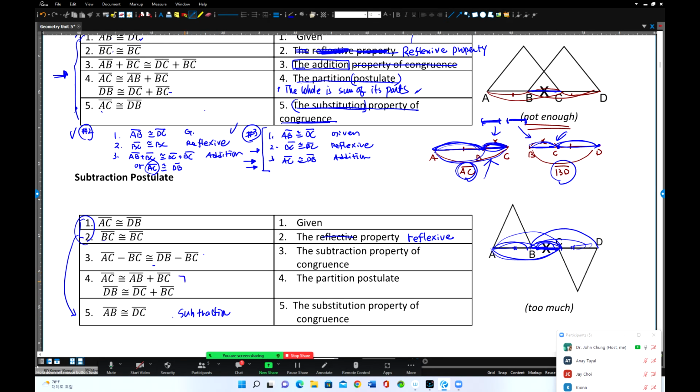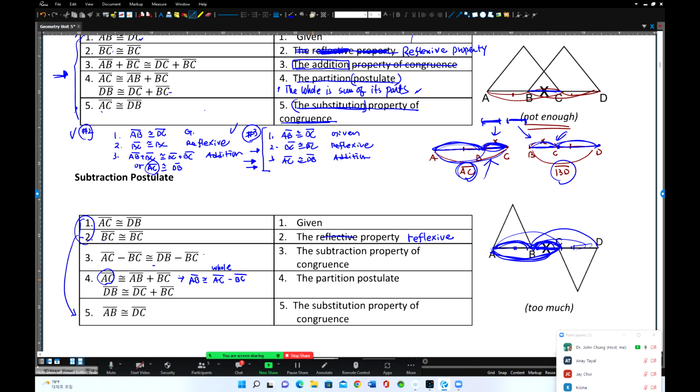Because this is the partition postulate. Instead of this one, you're going to use this one. The partition postulate says the whole is equal to the sum of the parts, or a part is the whole minus another part. AB is a part, congruent to the whole length AC minus the other part, BC.